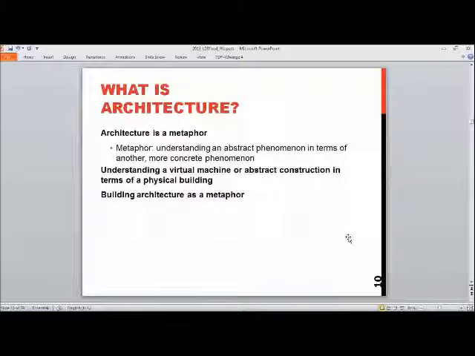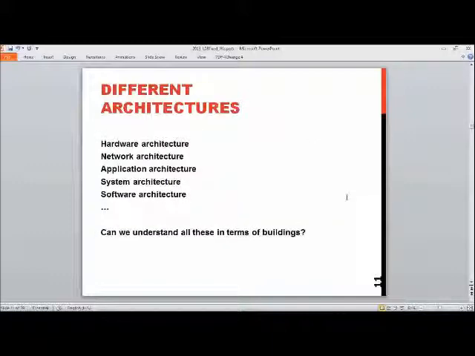Of course, we don't have one software architecture. If we consider all these different architectures which we may have in the software industry: hardware architecture, network architecture, application architecture, system, software, different views into the system, it may just define the architecture in one workstation.